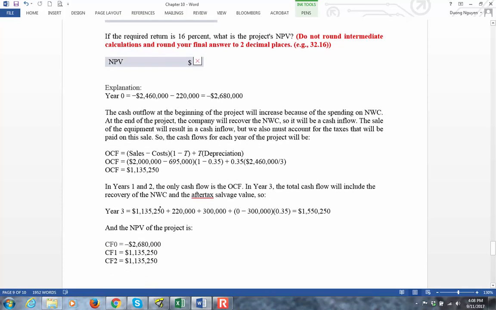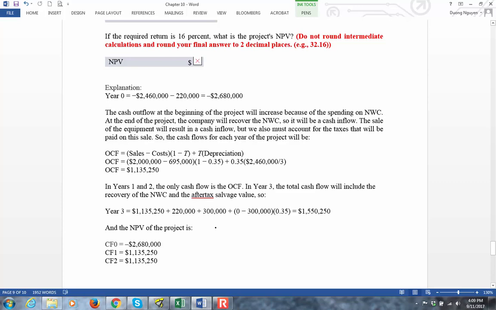In year 3, on top of the OCF of $1,135,250, you have to recover the $220,000 net working capital. In year 0 you deduct $220,000 for investment in working capital, but in year 3 you have to recover that.